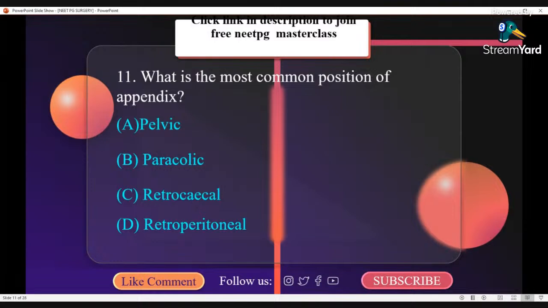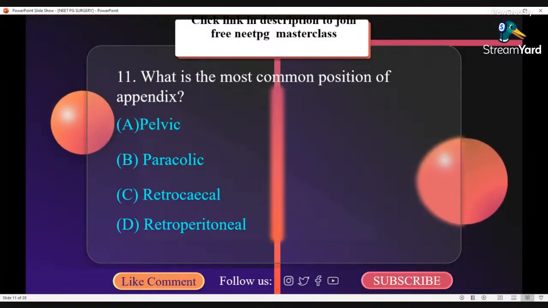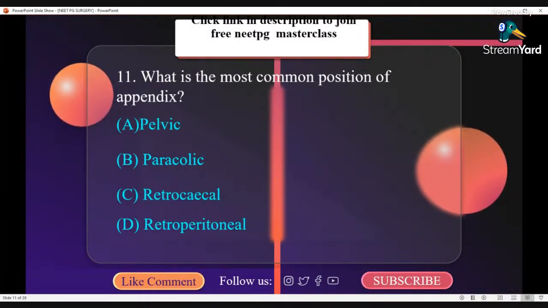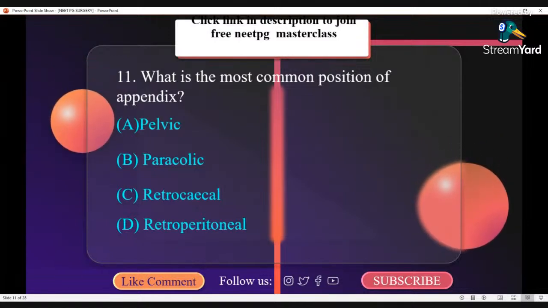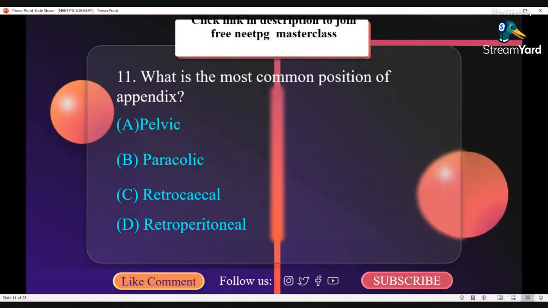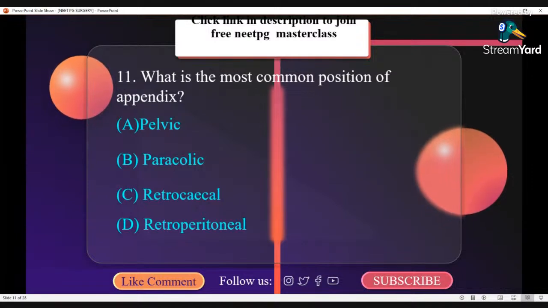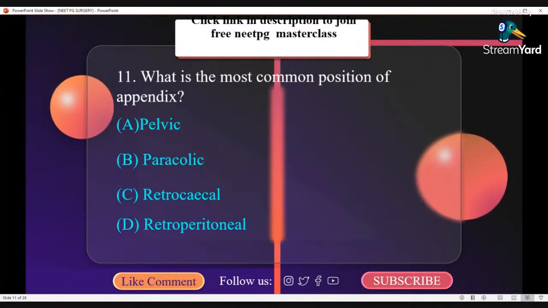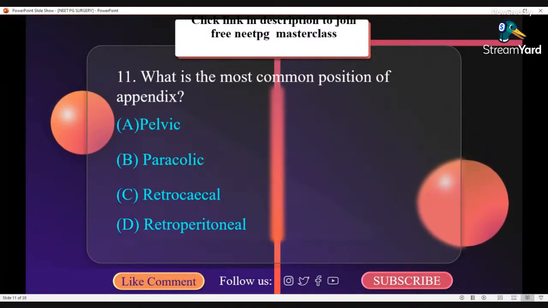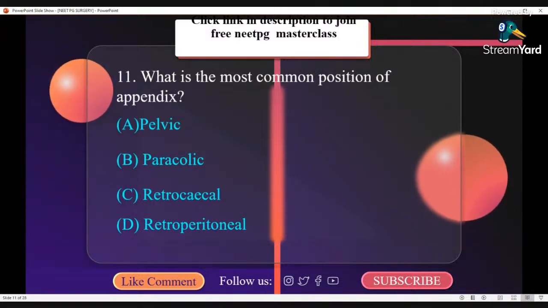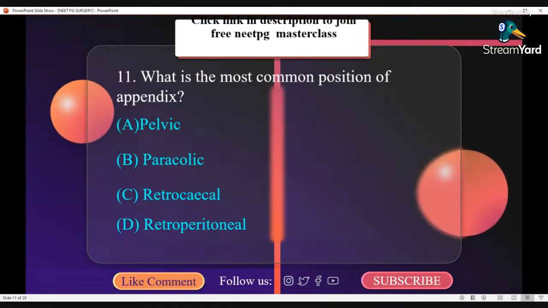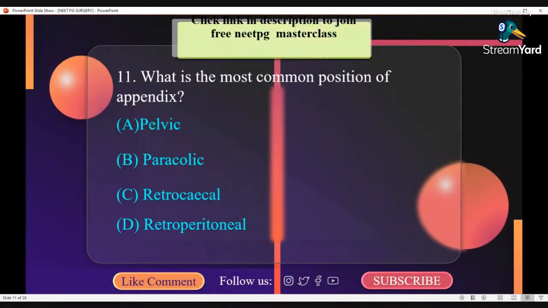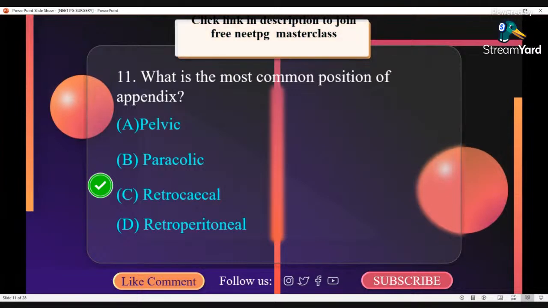Retrocecal 74%, subcecal 1.5%, pelvic 21%, post-ileal 0.5%, and pre-ileal or retroileal 1%. So the correct option here is C, retrocecal.